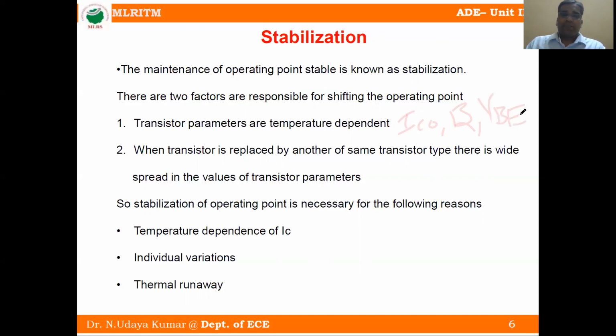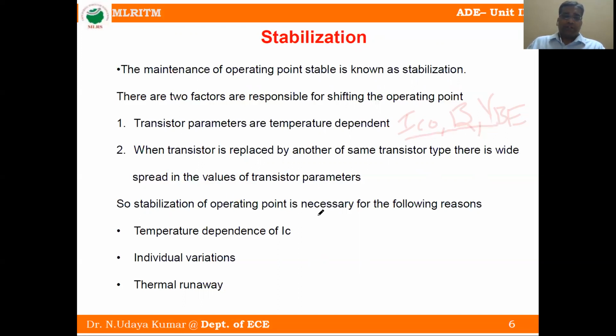These are all transistor parameters which are temperature dependent. When a transistor is replaced by another of the same type, there is a wide spread in the values of the transistor parameters. Even though the transistor is replaced with the same type, the values of these parameters also change.